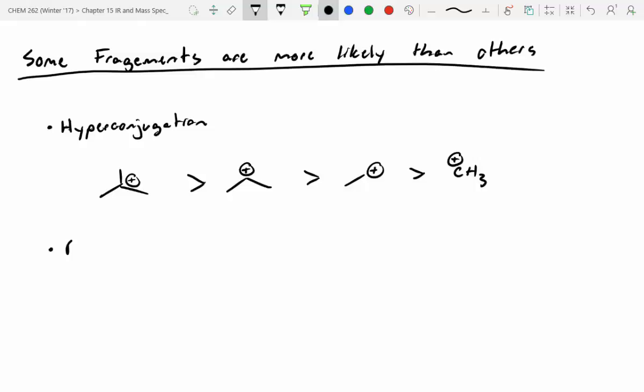The next one is resonance. And we already covered this. We said that allylic carbocations are really common and they show up at intense peaks due to the resonance stabilization.